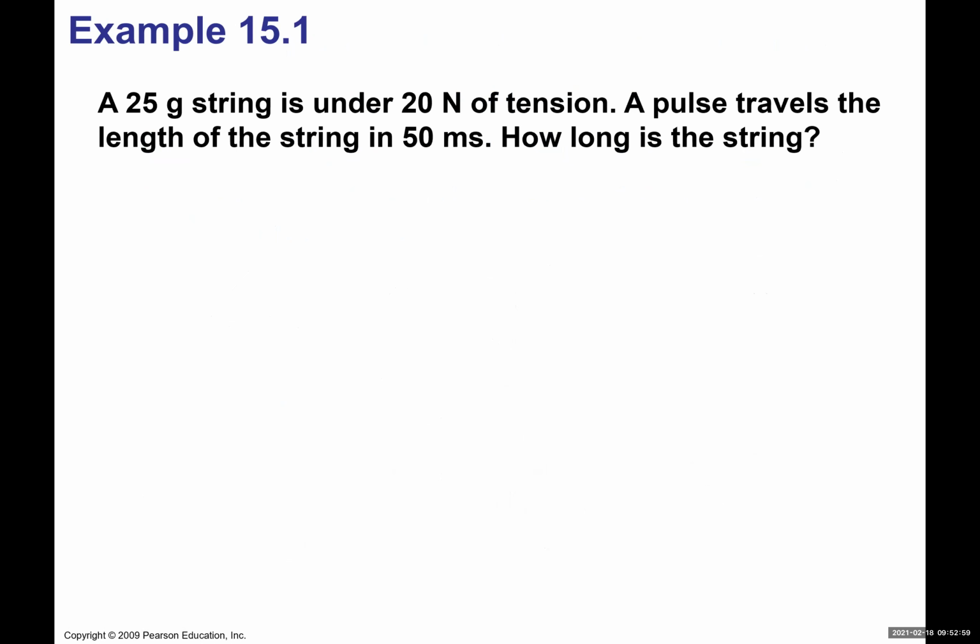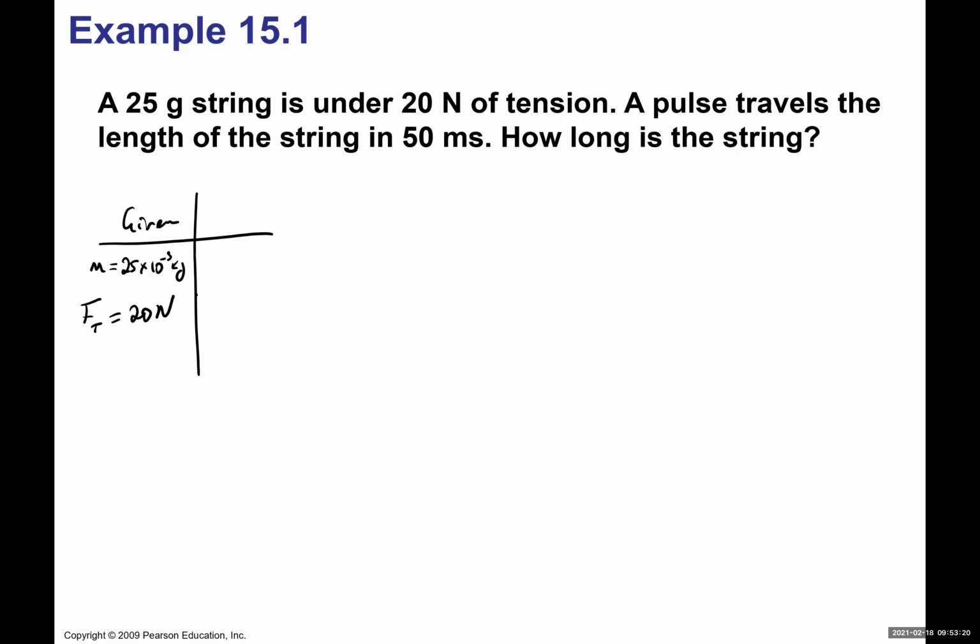So let's write down what is given to you. You're given the mass of the string, 25 grams, so let's say 25 times 10 to the negative 3 kilograms. Then you're given the tension, which is 20 newtons.